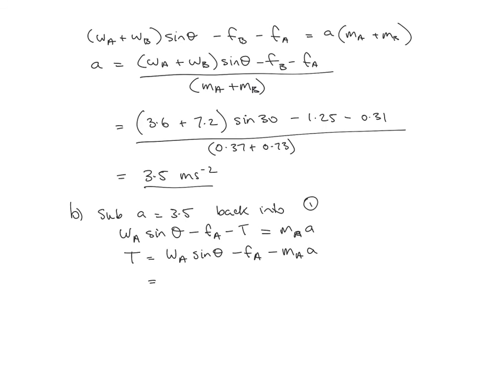We can just put them in. WA was 3.6 sine theta. FA was 0.31 minus the mass of A. The mass of A was 0.37 times 3.5. The answer I get for that is 0.21 newtons. Great.